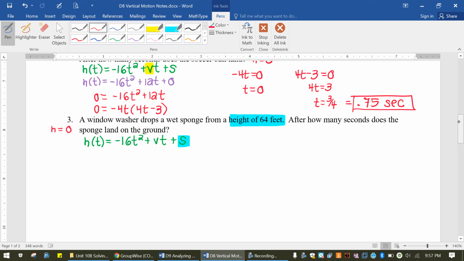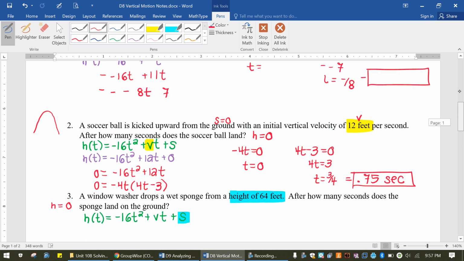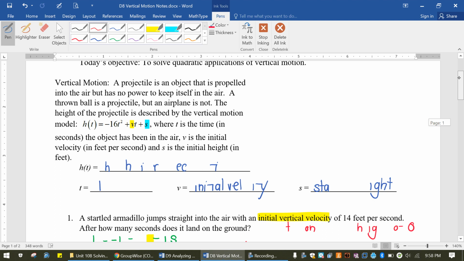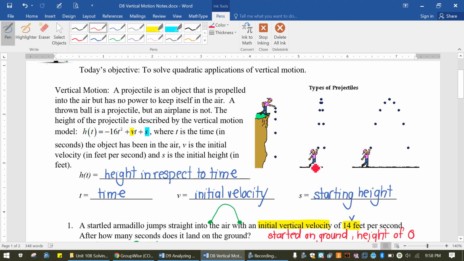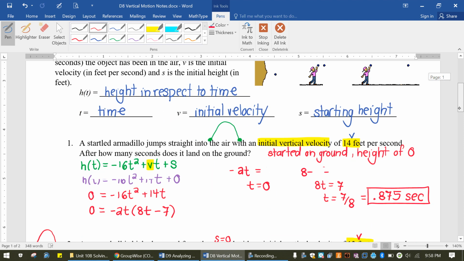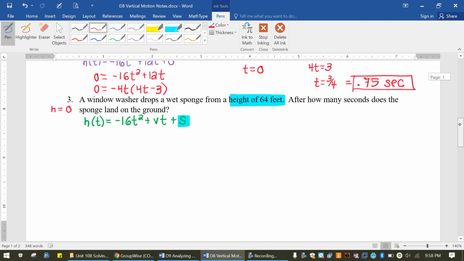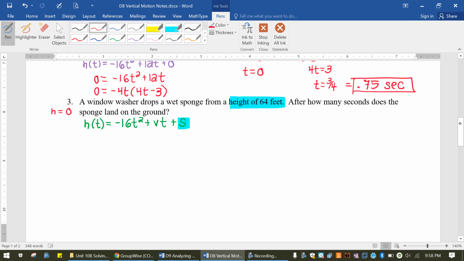So this equation is going to look a little bit more like the very first model that's given, where instead of starting from the ground, they're starting from a height and then just dropping. So it's going to change slightly from numbers 1 and 2 because I don't have an initial vertical velocity.